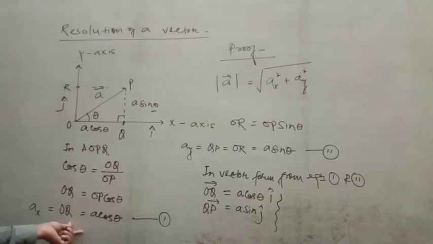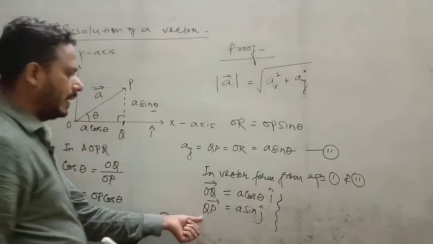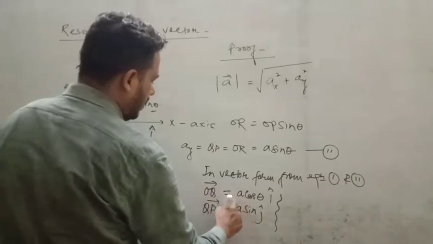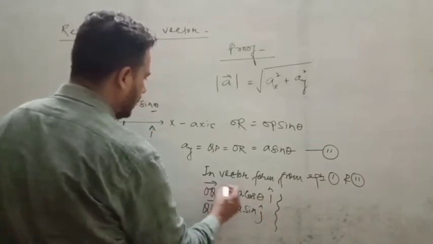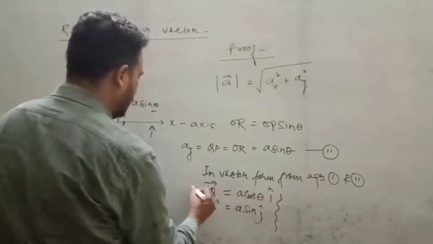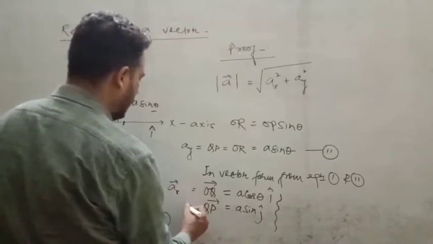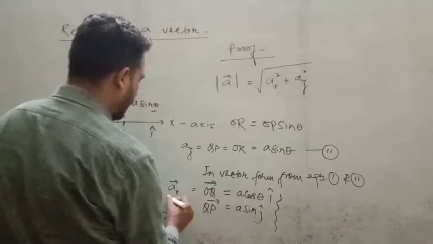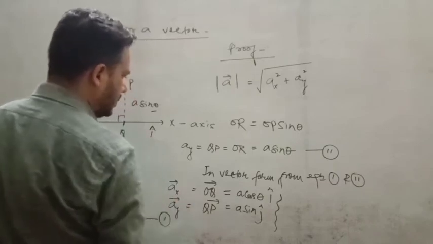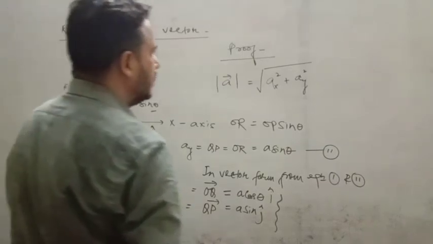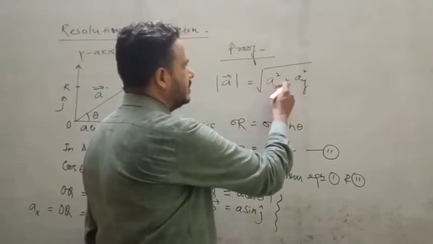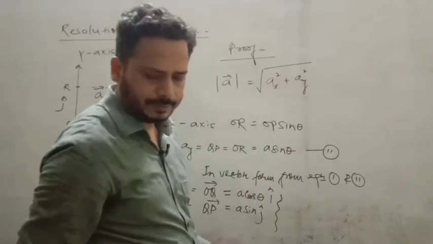That's why. If you want to find in terms of vector, then the one belonging along the x axis you can represent like ax and this one like ay. Alright. Okay. So you can see here ax square plus ay square.